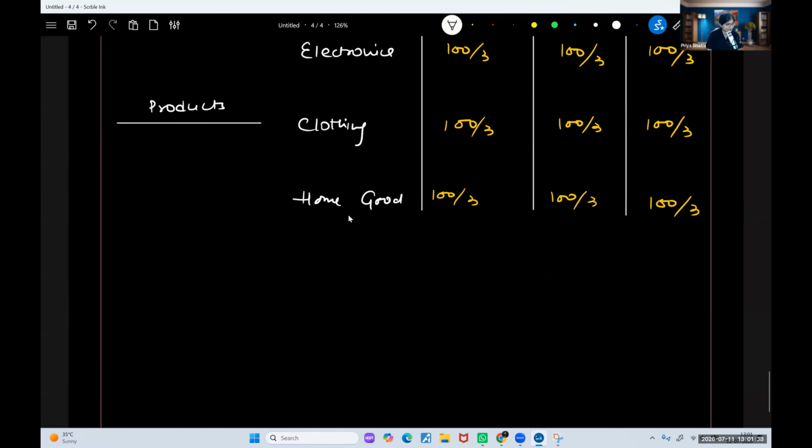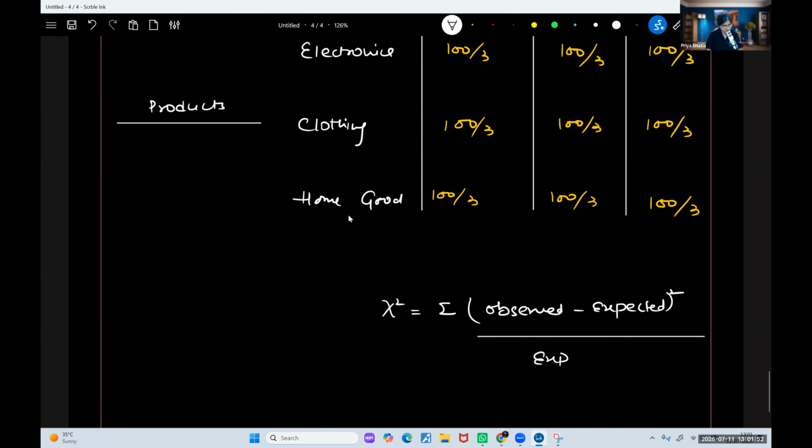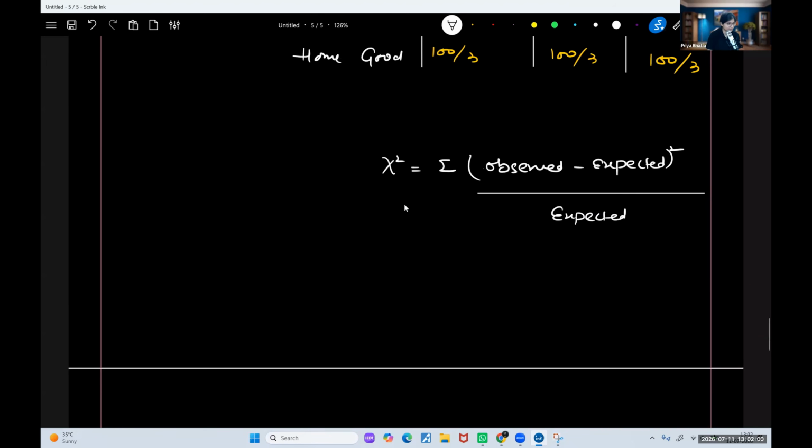So, chi-square value you will evaluate as the summation of observed minus expected whole square divided by expected. This is fine. The second part will be you have to evaluate the degree of freedom.